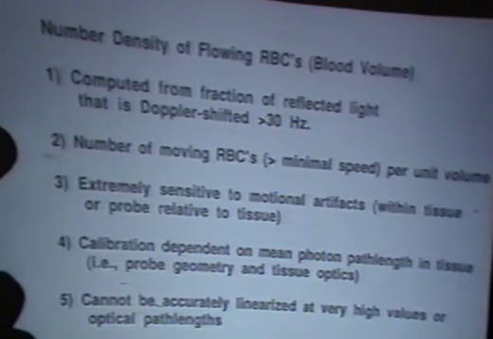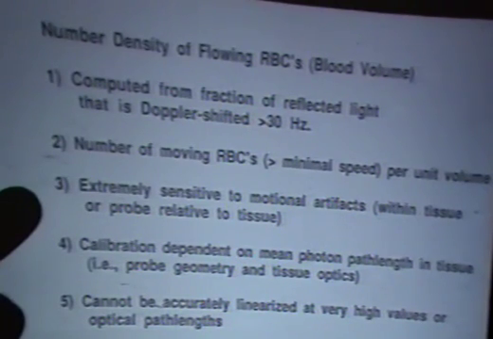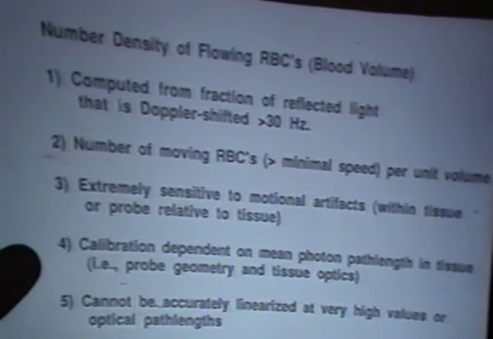The number density of flowing red cells, which is often referred to as blood volume, is computed from the fraction of the reflected light that's Doppler shifted more than 30 hertz. It measures the number of moving red cells which are moving greater than this minimal speed per unit volume of tissue. It's extremely sensitive to motional artifacts within the tissue or the probe relative to the tissue.